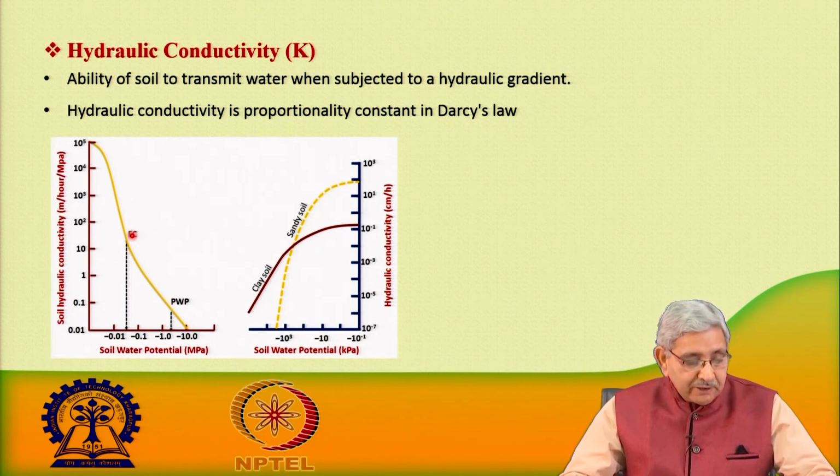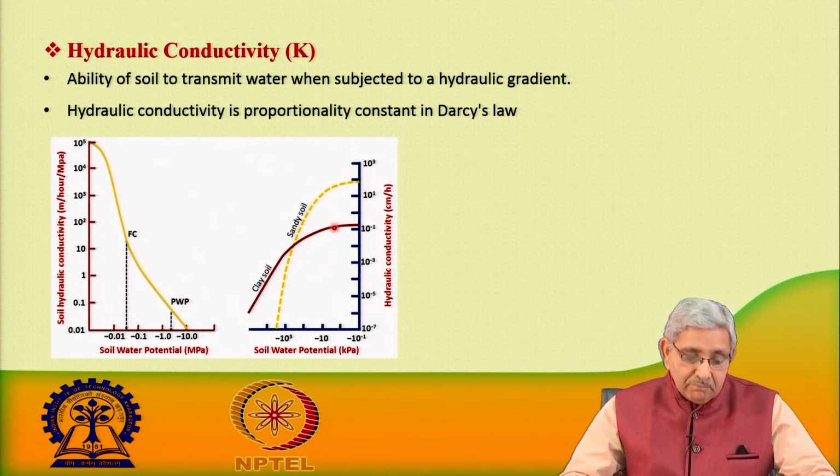You can see the hydraulic conductivity at field capacity is greater as compared to that at the permanent wilting point. So, moisture content is influencing the soil hydraulic conductivity, and this can also be seen in the case of these two different soils.